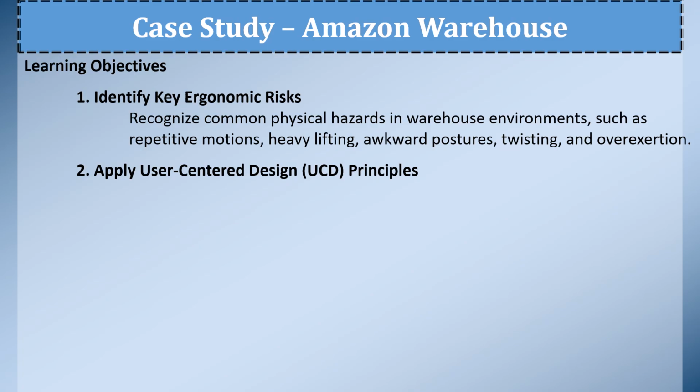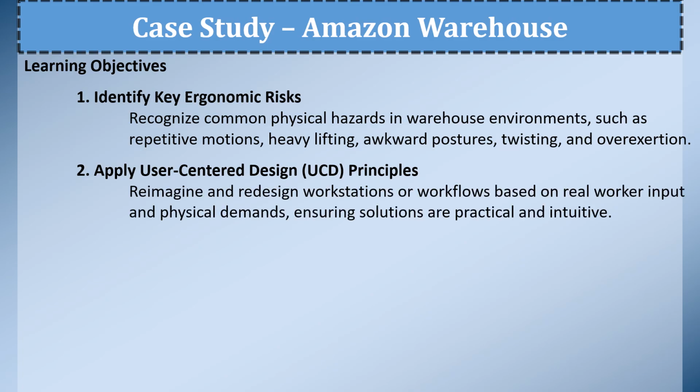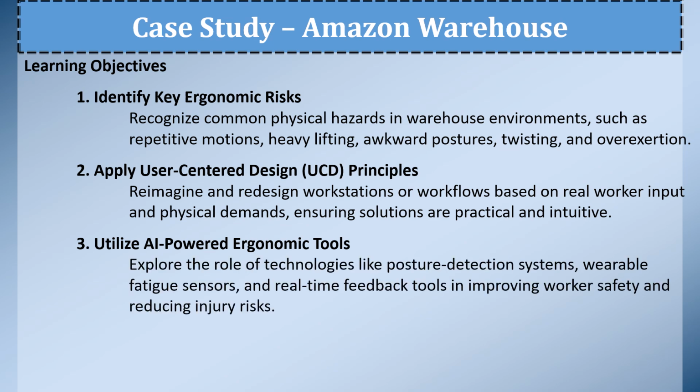We will explore how to involve workers in designing solutions, ensuring the tools and changes truly fit their needs and constraints. Utilize AI-powered ergonomics tools. This objective introduces students to how AI tools can monitor movement and alert users to risk before injuries happen.